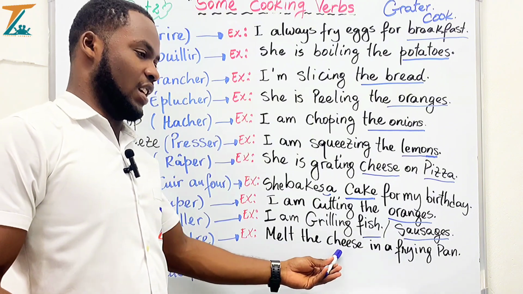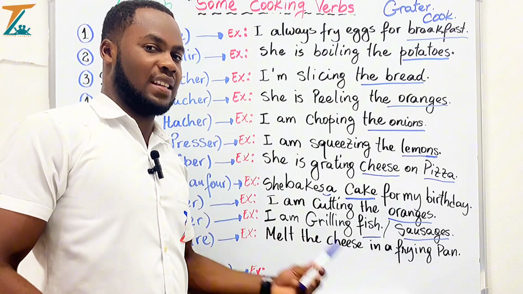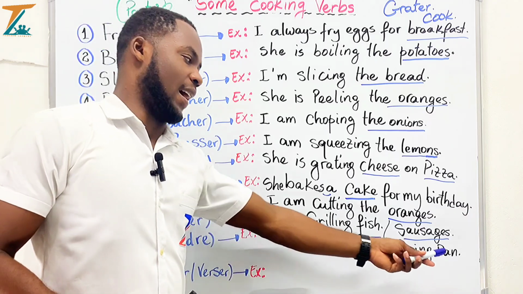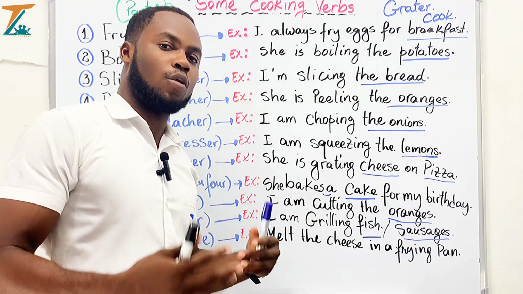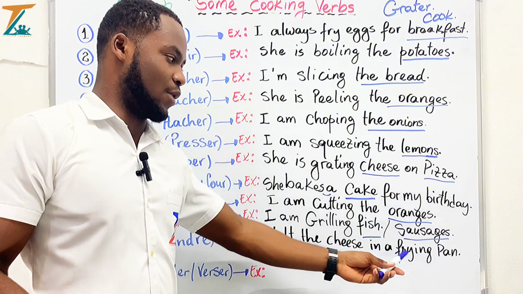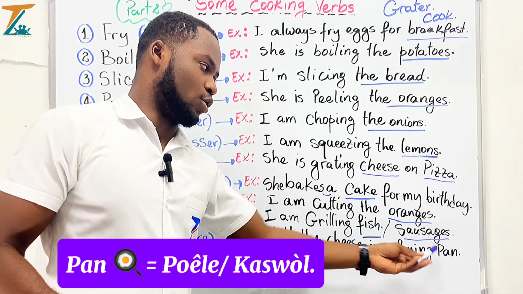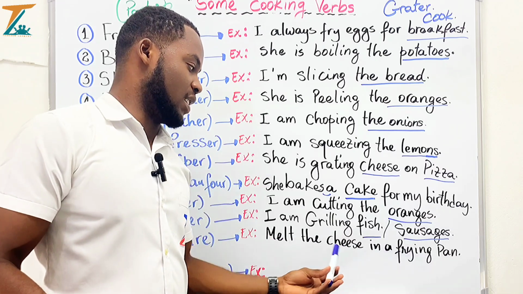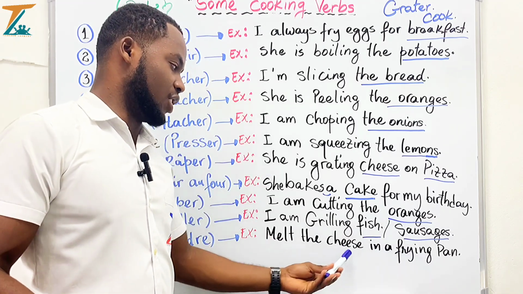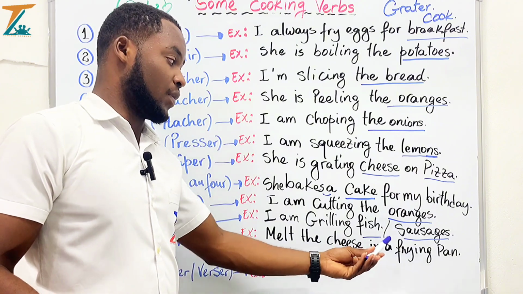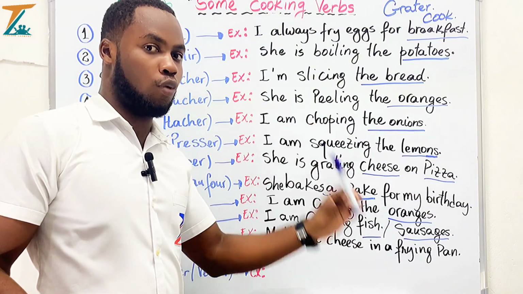Melt the cheese in a frying pan. Pan means casserole ou bien poêlon que nous utilisons pour frire. Melt the cheese in a frying pan.